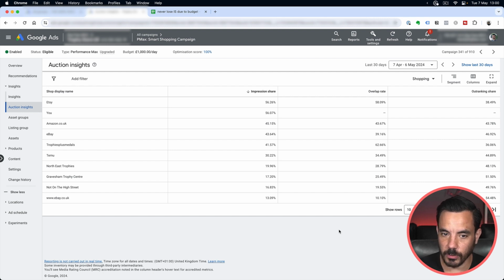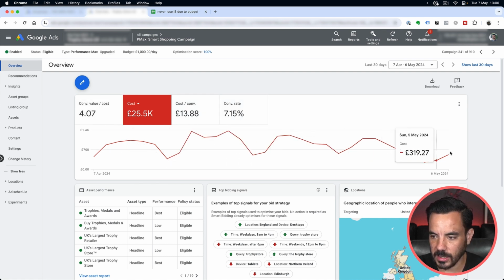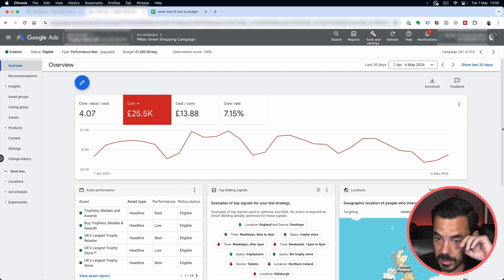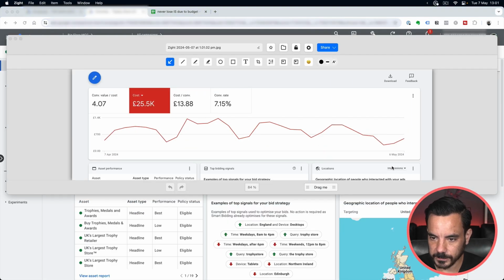Now, unfortunately, there's no way of seeing whether we're losing that due to rank or due to budget. But what we can do is come to our spend graph, right? And here is how much my PMax campaign has been spending over the past 30 days. Let's take a little screen grab there. What we can do here is see if the spend graph touches the daily budget very regularly.